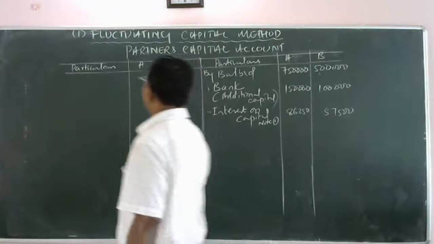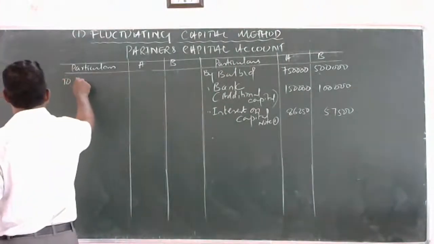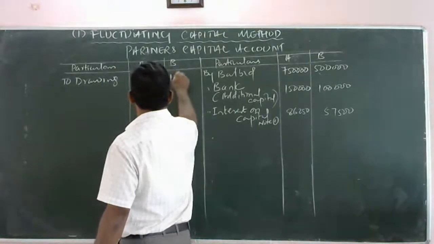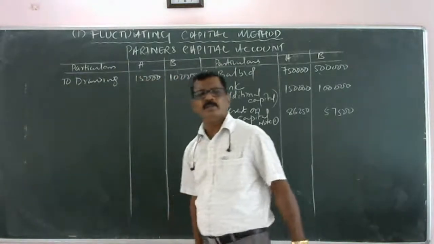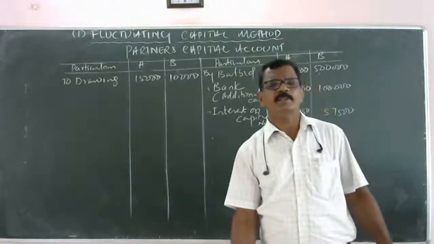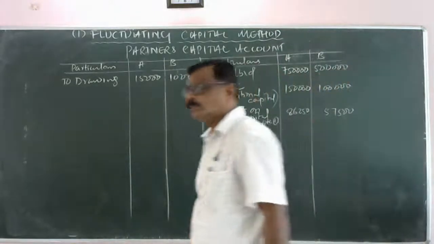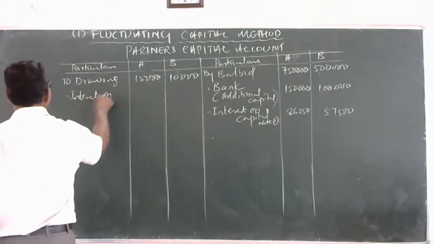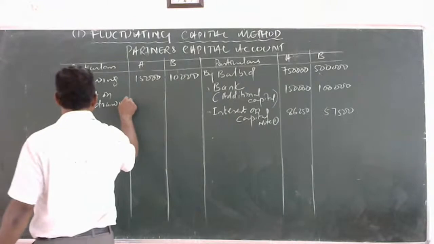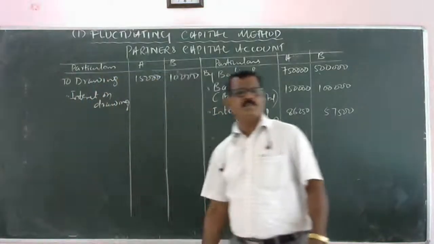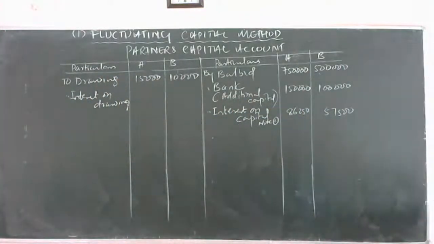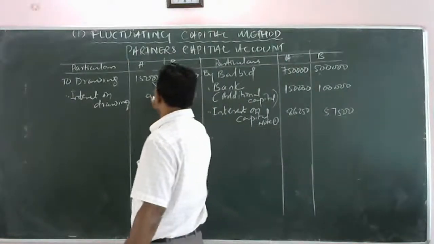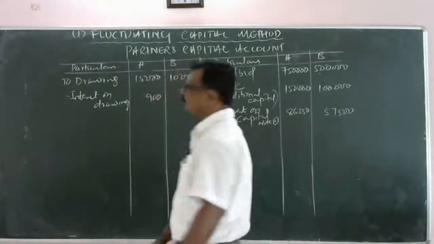The drawing is debited to partner's capital account. 15,000 A, 10,000 Mr. B. Interest on drawing is also debited. Interest on drawing for the partner A rupees 900, B rupees 600.